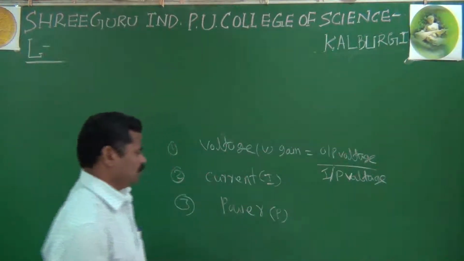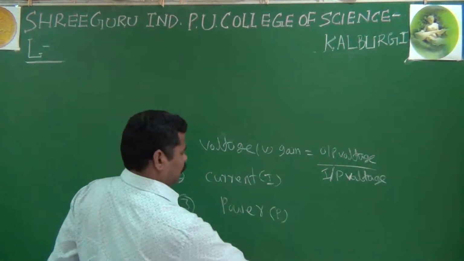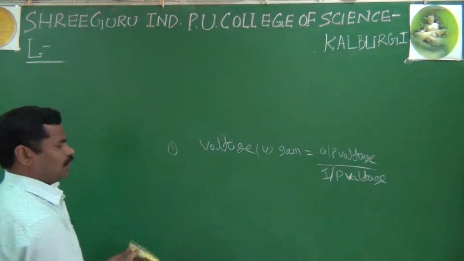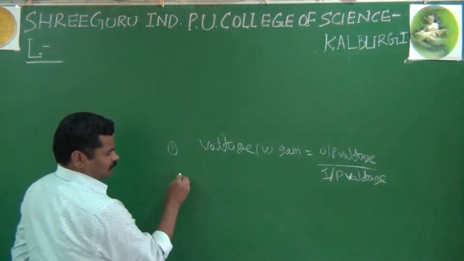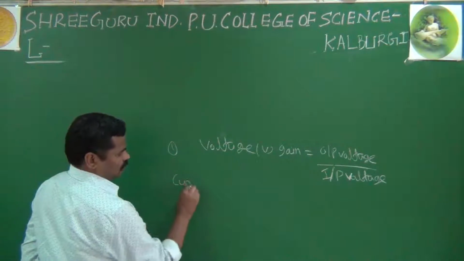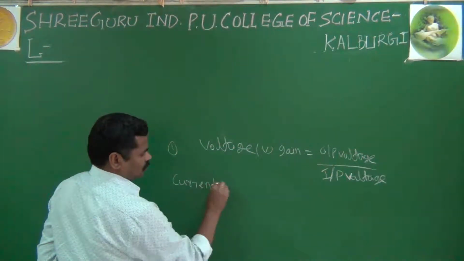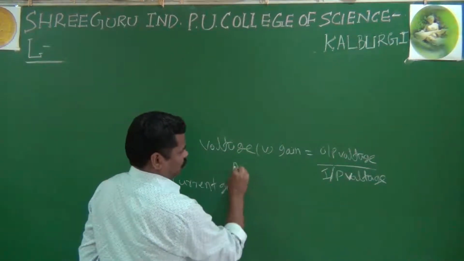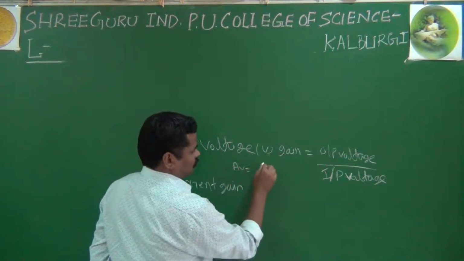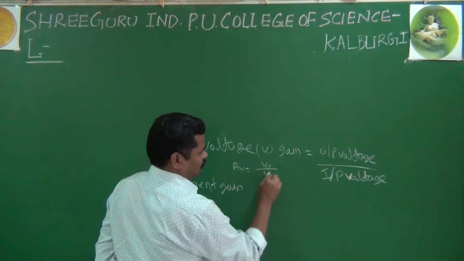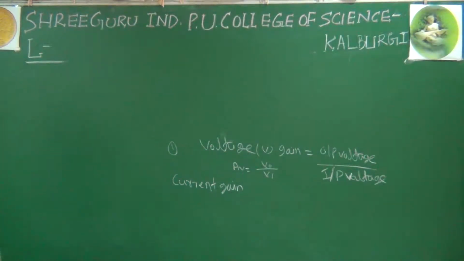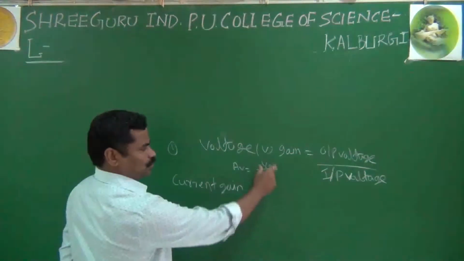Then similarly go for the current gain. What is current gain? The voltage gain is also called AV, that is V naught by VI, where V naught is the output voltage and VI the input voltage.